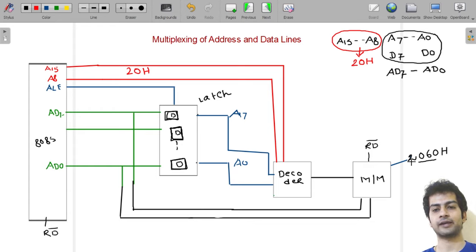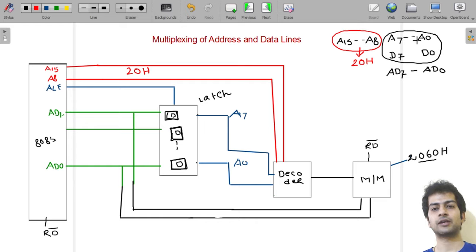This is our higher byte. Now what will happen with 60H? This is the lower order byte, so it will get latched with our lower order address lines.